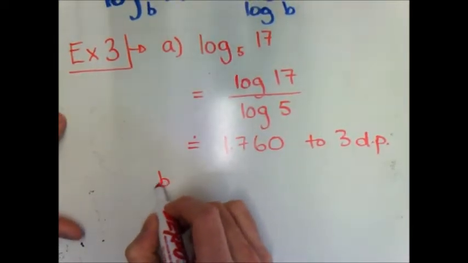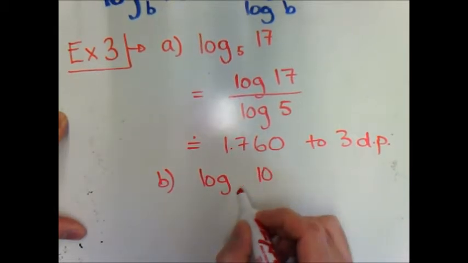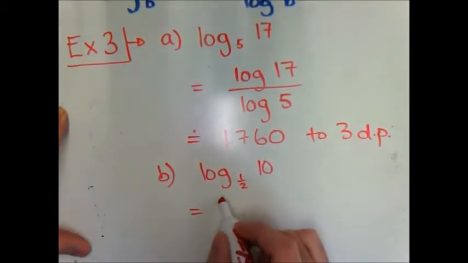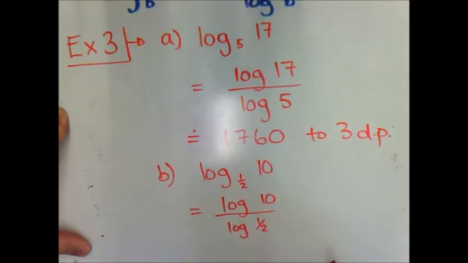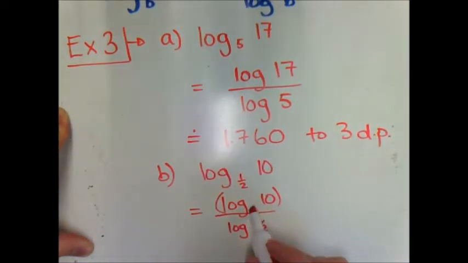We'll continue on in b. Part b gives us the log of 10 to the base of 1/2. Again, equal to the log of 10 over the log of 1/2, or 0.5. The log of 10 just reduces to 1, remember, because the base is 10.